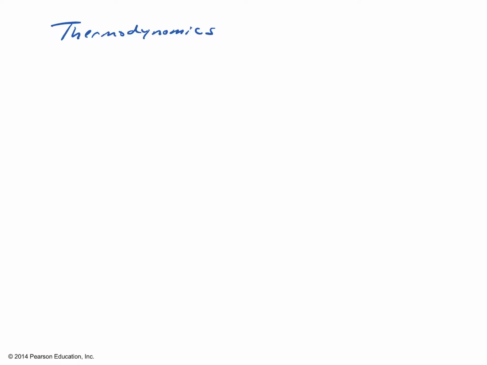Okay, so we have a couple of laws of thermodynamics, all right? So we have the first law of thermodynamics, and this one is pretty simple, and you've probably heard of it before. The first law of thermodynamics says that energy can be transferred and transformed, but it cannot be created or destroyed.